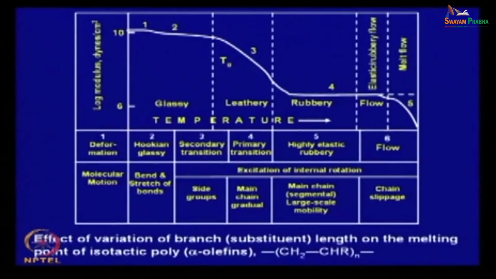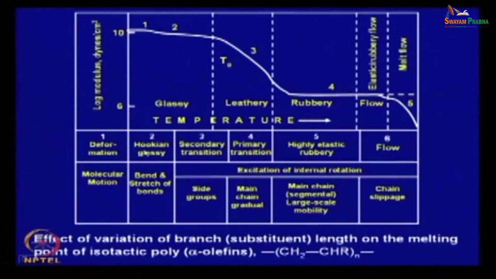This diagram shows an effect of variation of branch length on the melting characteristics of isotactic poly alpha olefins, say polypropylene suppose, and it shows the properties versus temperature.